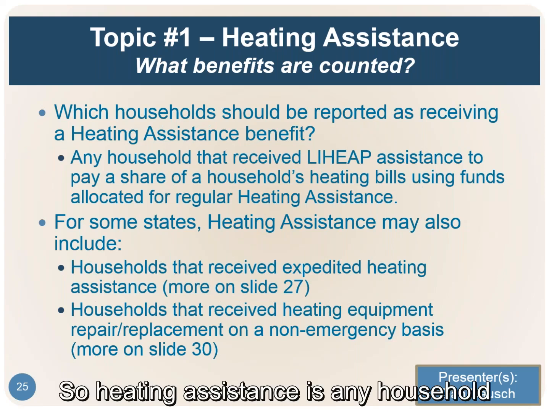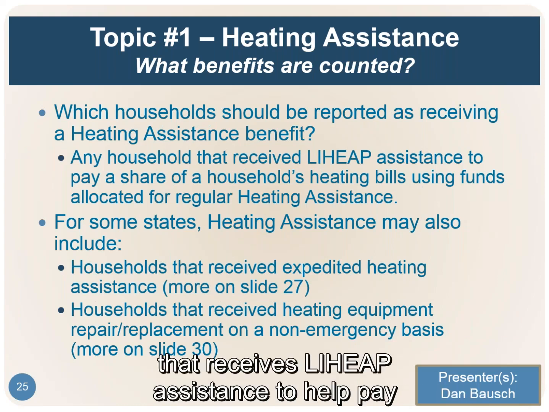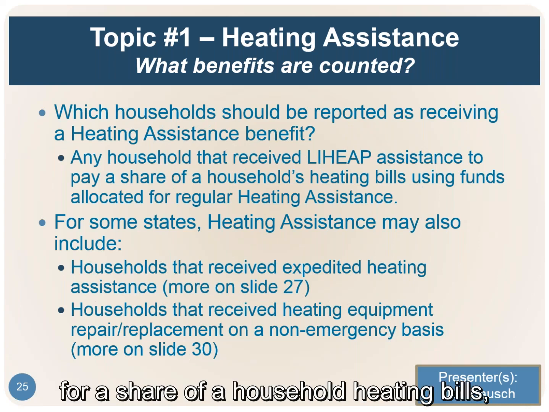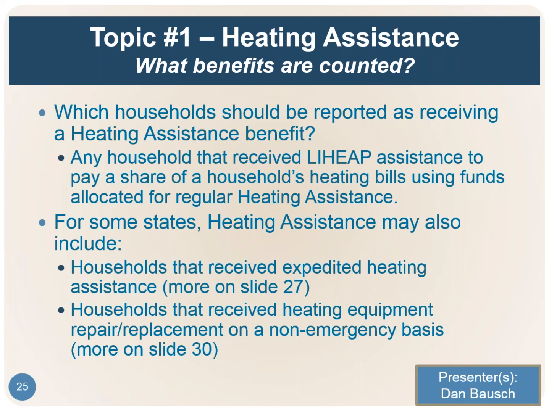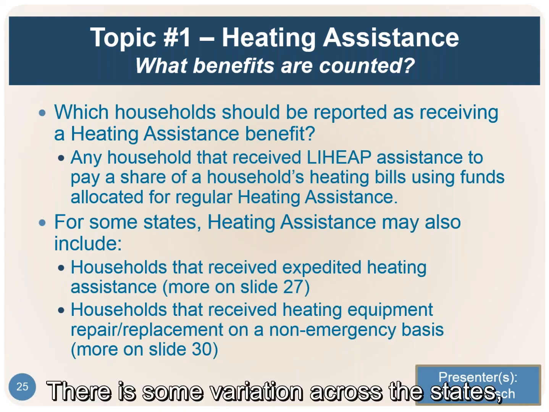So heating assistance is any household that receives LIHEAP assistance to help pay for a share of a household's heating bills using funds that are allocated for regular heating assistance. There is some variation across the states.